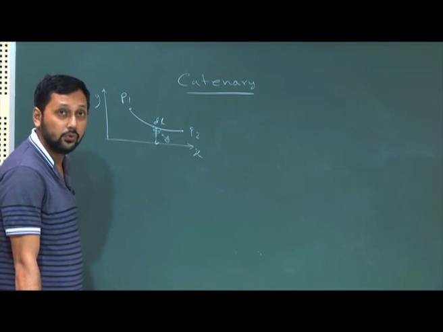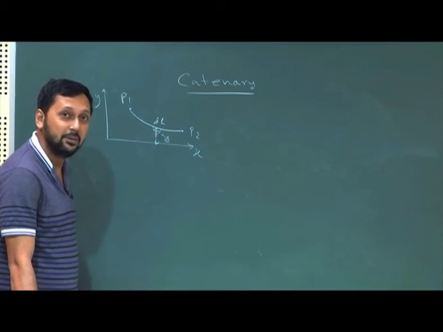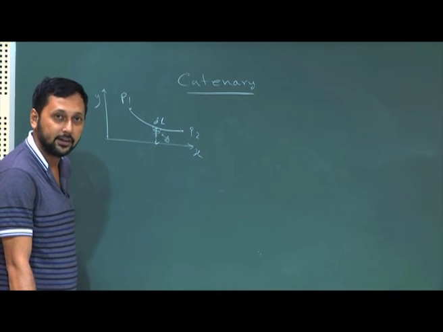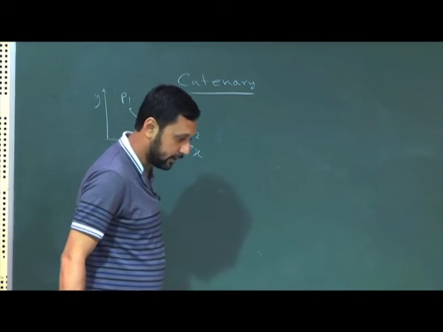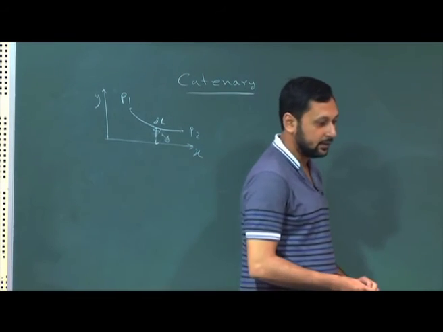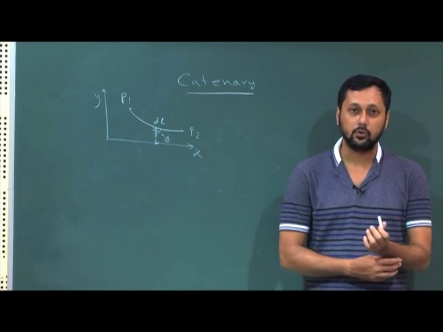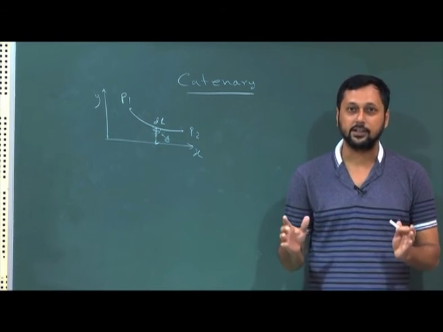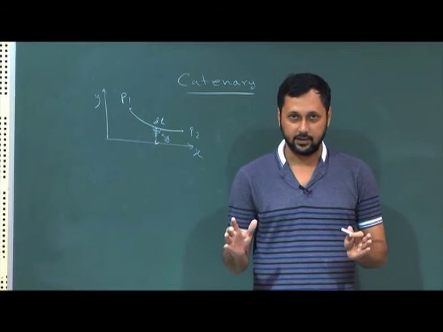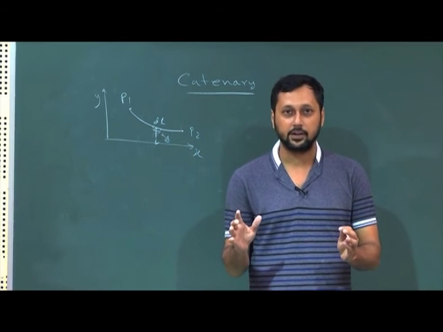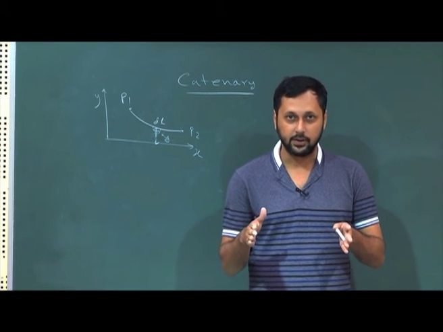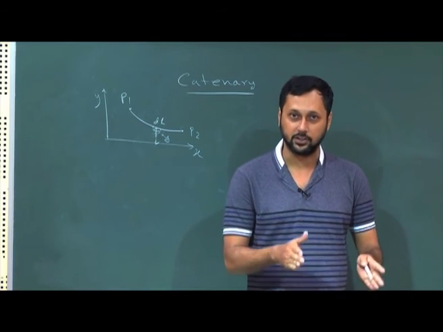What we need to do is minimize the potential energy of the system, because we know from the fundamental laws of physics that a system would like to go to a minimum potential energy configuration. That is the nature. The most stable configuration of a system is the one at which it minimizes its potential energy.